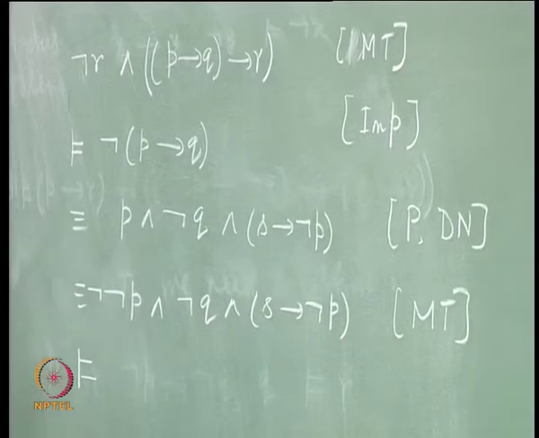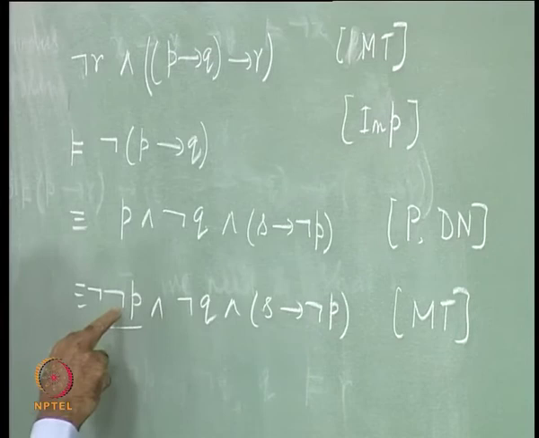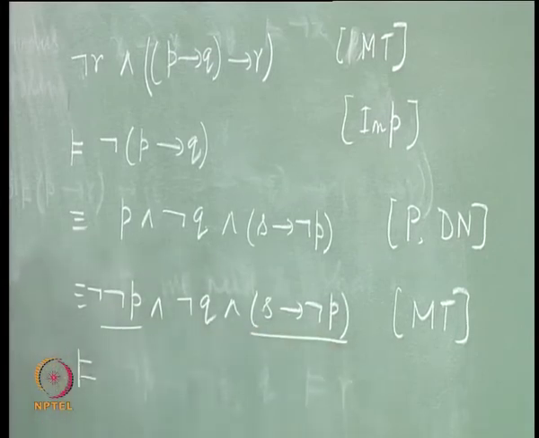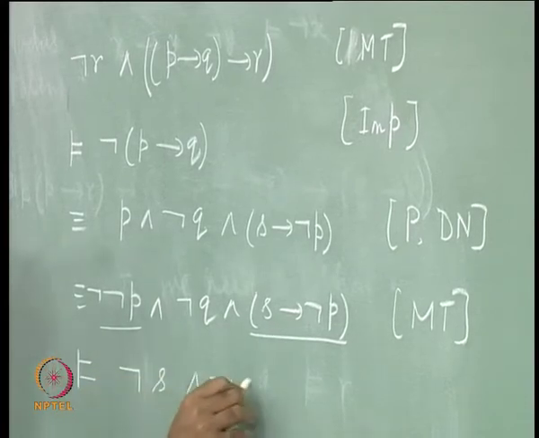Modus tollens is not an equivalence, right. So this is your not Y, this is X implies Y, and that gives not X, not S and not Q.